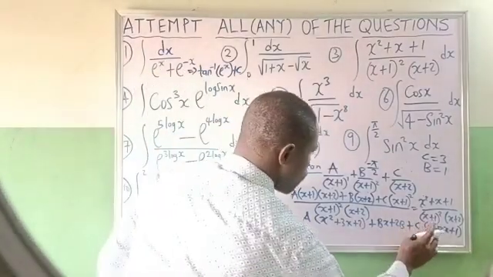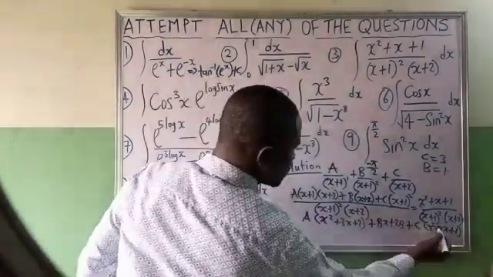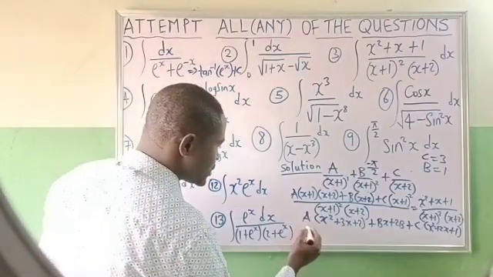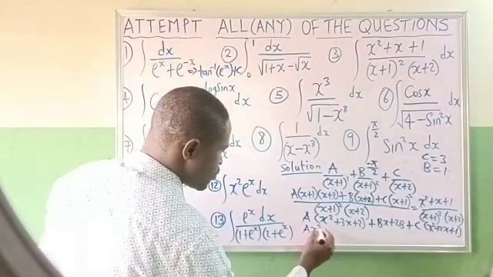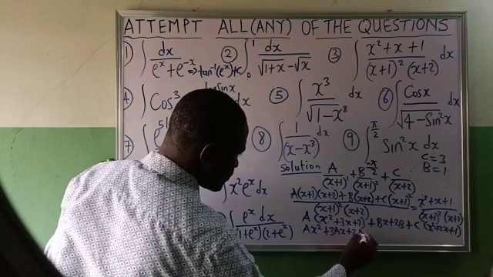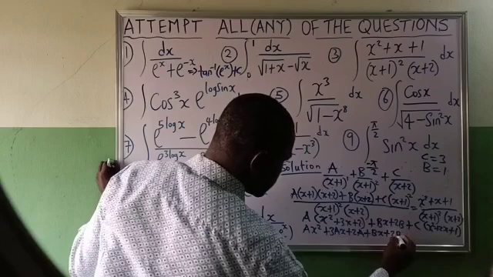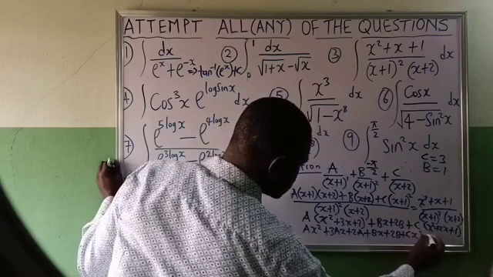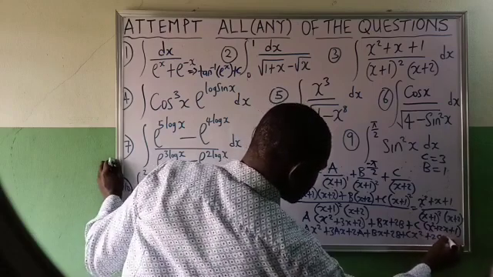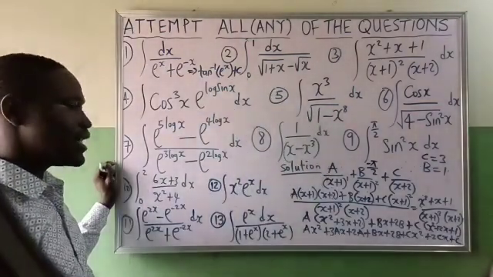These answers we got here, we need to sort them out. This means ax squared expanding, plus 3ax plus 2a plus bx plus 2b plus cx squared plus 2cx plus c. We have expanded it.